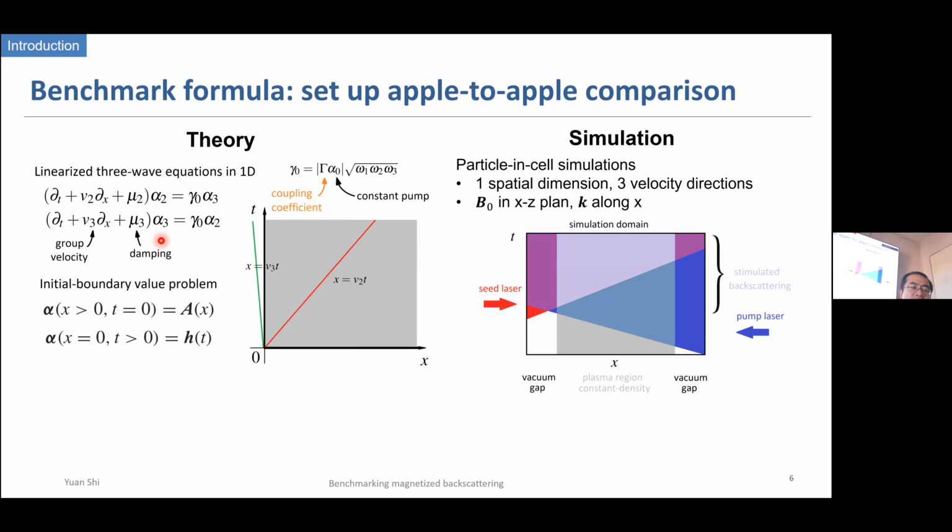So in these equations, there are some additional things that I was hiding before. One of them is the wave group velocity. So I should mention that having a magnetic field also changes the group velocity, but that's on a linear level. And also there's the damping. So the plasma waves damp both collisionally and collisionlessly. Here we are not talking about collisions, we're just looking at collisionless damping, like Landau damping in unmagnetized plasma.